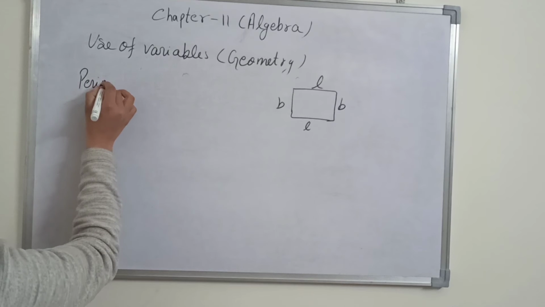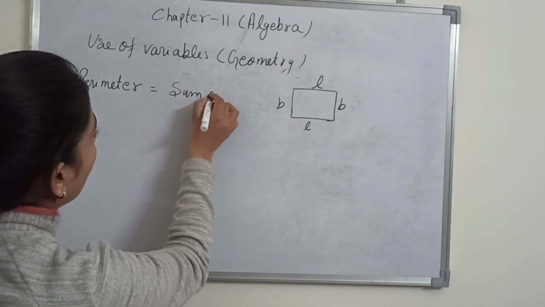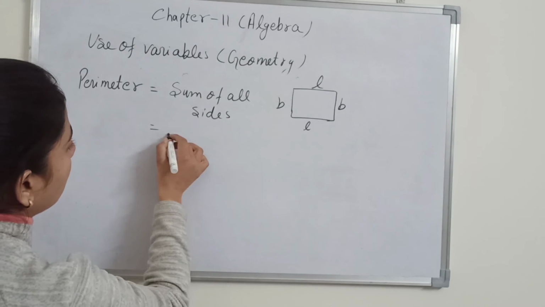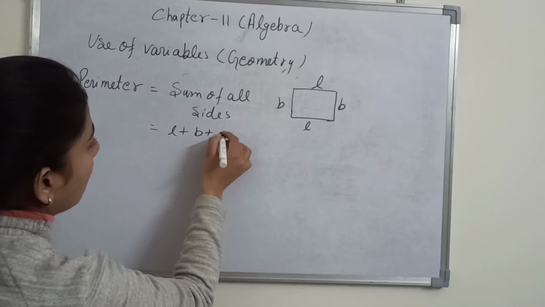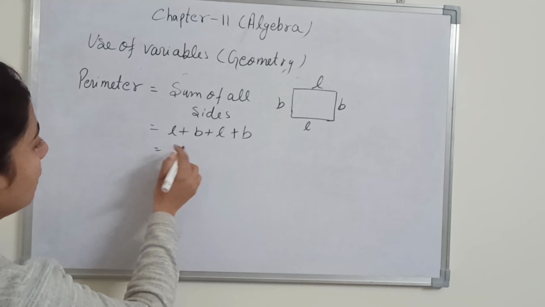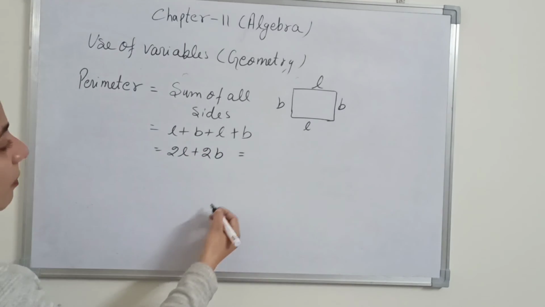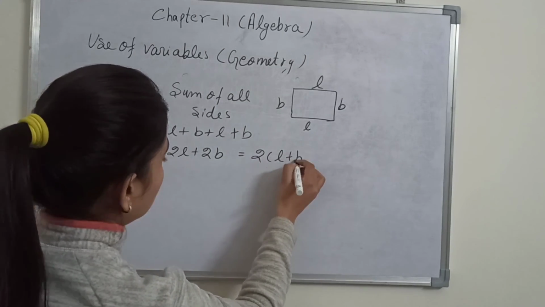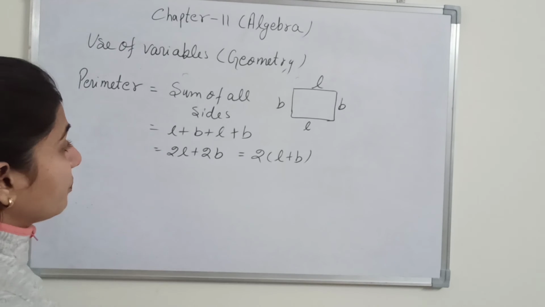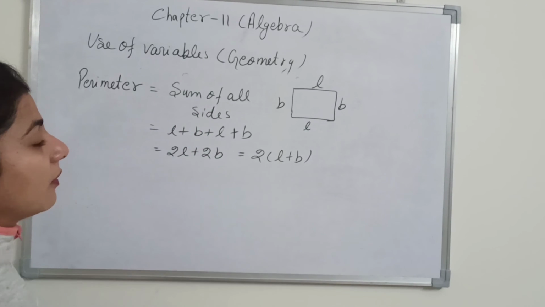And the perimeter of a rectangle is the sum of all sides. Now add all sides: L plus B plus L plus B. Both L are like terms, we can add them. L plus L is 2L, B plus B is 2B, and 2 is common here: 2 into L plus B. This is the general formula of perimeter of a rectangle.